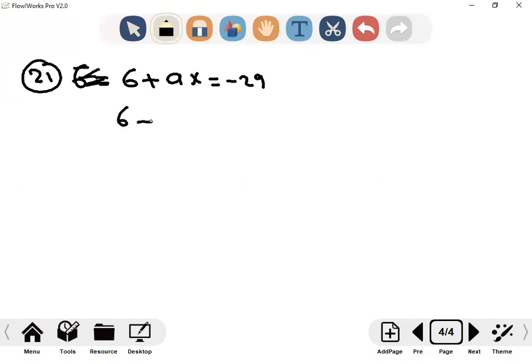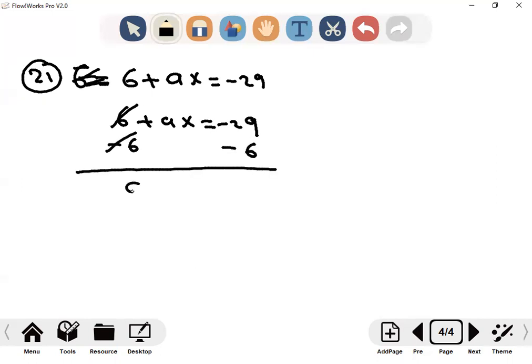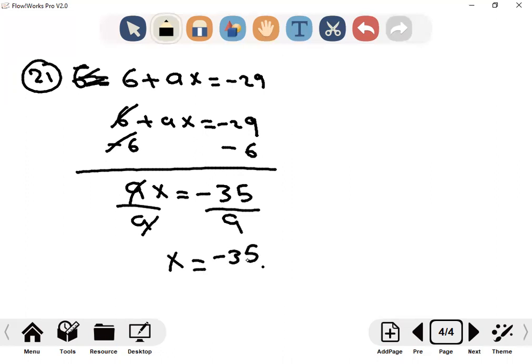So here, 6 plus ax equals negative 29, so here minus 6 and here minus 6. Done. Still ax equals negative 29 minus 6, negative 35. I want x, dividing by a only. So x will be negative 35 over a. Done?